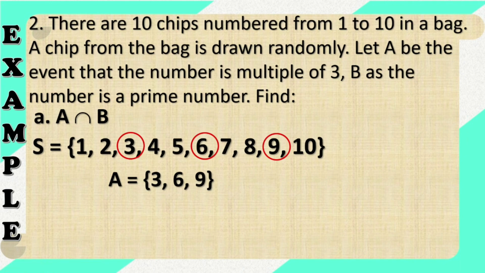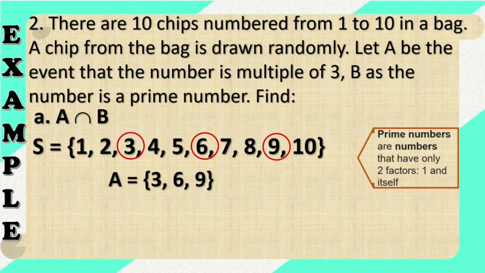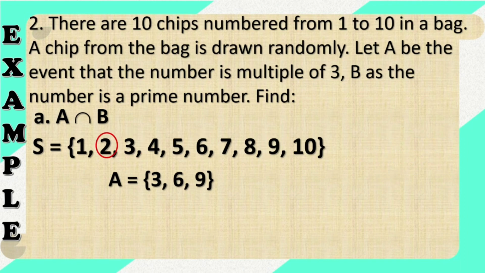And the elements for event B are prime numbers. Prime numbers are numbers that have only two factors, 1 and itself. So we have 2, 3, 5, and 7.